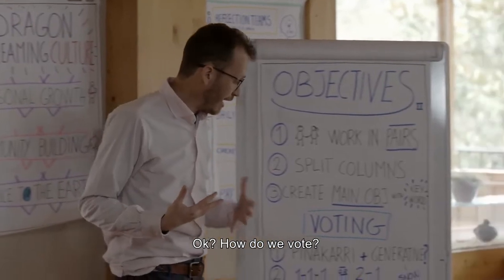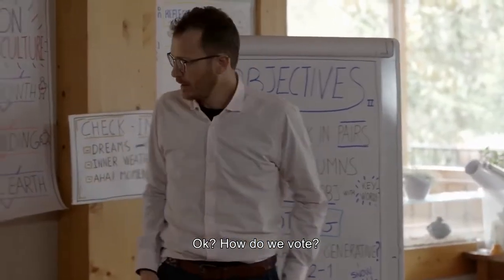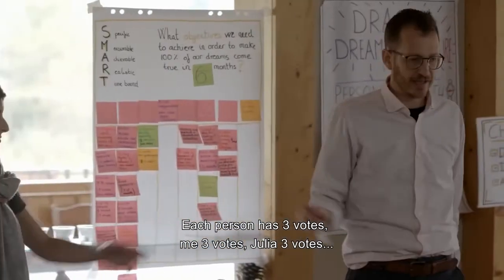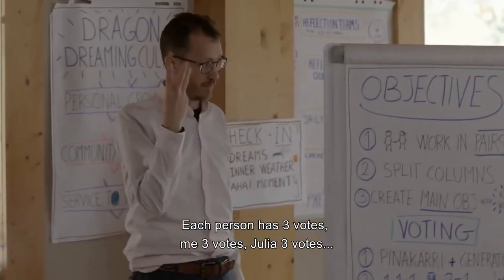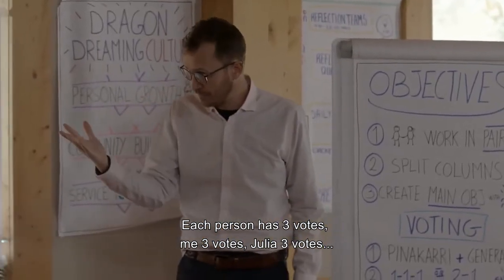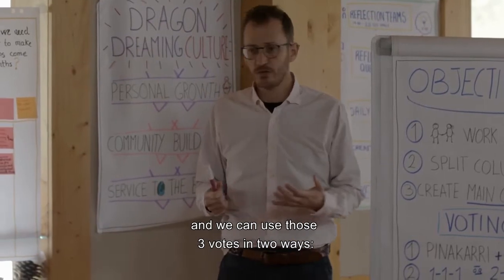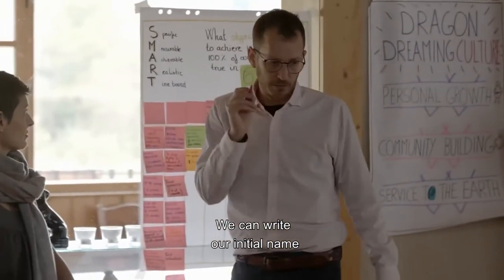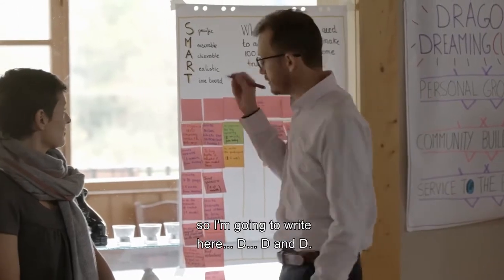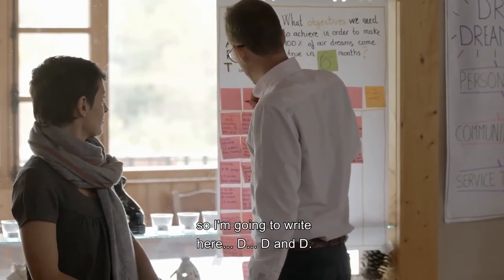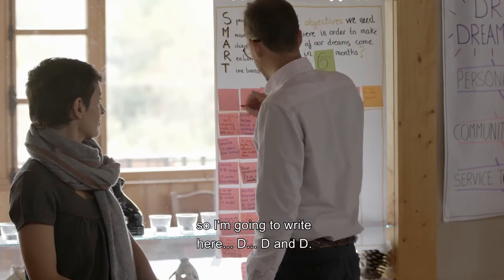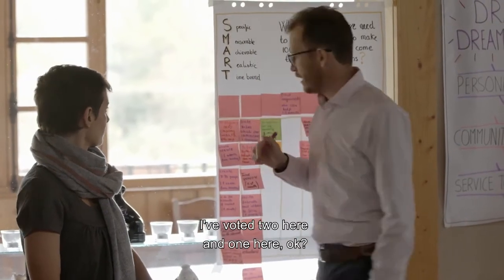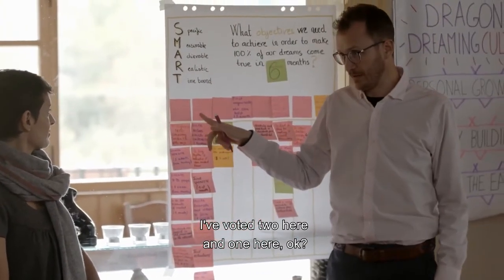How are we voting? Each person gets 3 votes. I have 3 votes, Julia has 3 votes. We can use those votes in 2 ways. We're doing it with our initials. So I'm going to write here D, and I vote 2 here and 1 here.